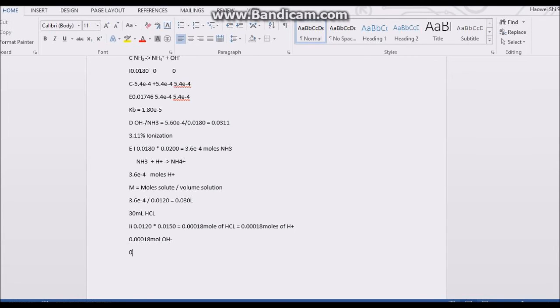You can calculate NH3 from the remaining moles divided by the total volume, 0.035 liters, which equals 0.0514 molar NH3. So this should be equal to the NH4 plus concentration due to stoichiometry.